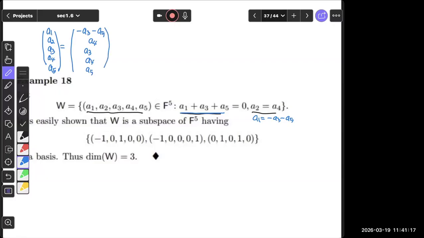So this is an arbitrary vector in W. Now I can rewrite this vector as the sum of three vectors: one having only A3 in it, the second having only A4, and the third with only A5.